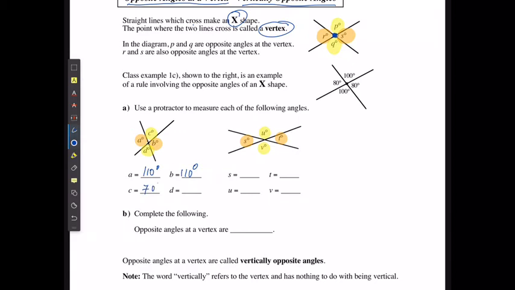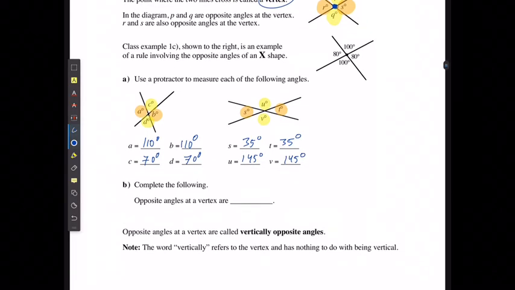C is 70, and D is 70. And this one actually works if you use a protractor to check it. In the second case, S is 35, T is 35. U is 145, V is 145. Which means that the opposite angles at a vertex are always going to be equal.